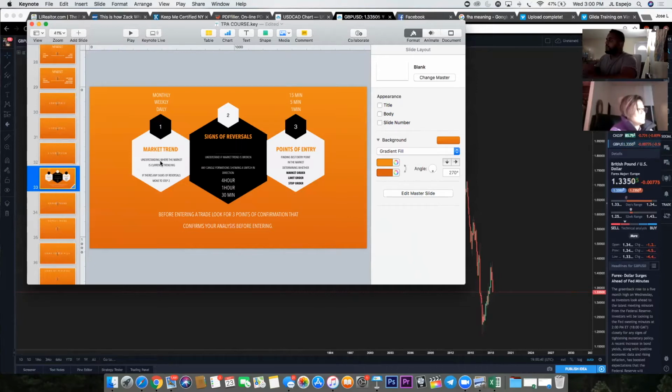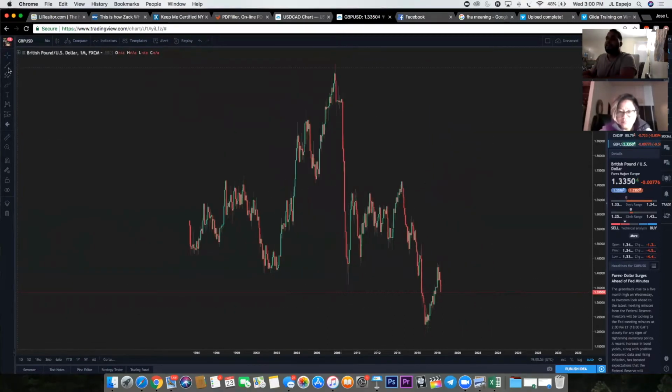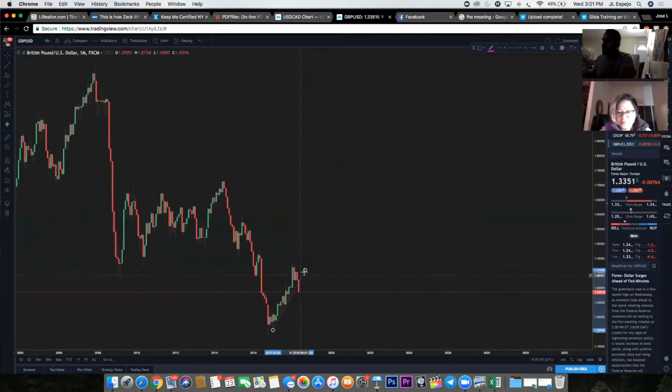Correct. So let's say for instance we're looking at this trade and we notice here on GBP USD that the market was on an uptrend over here, right? And it broke it. The market was trending upwards and it broke that trend.